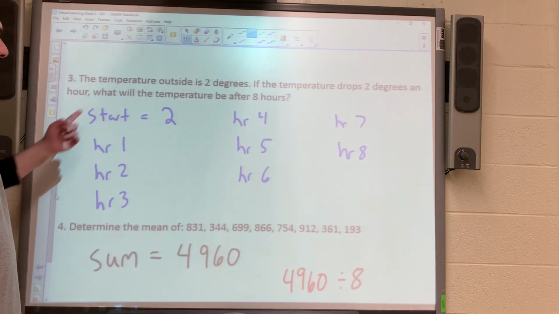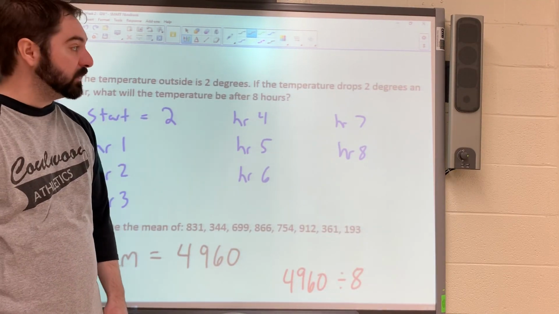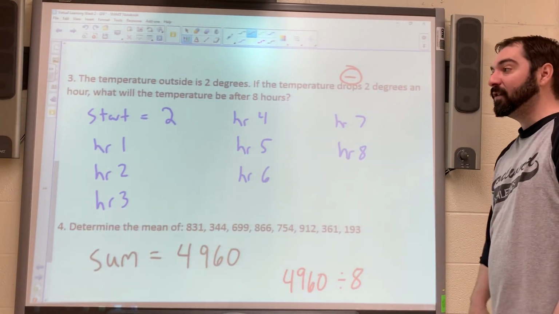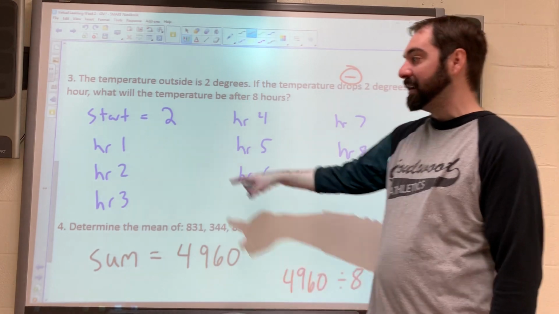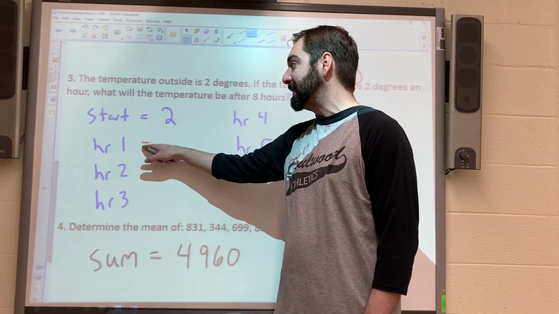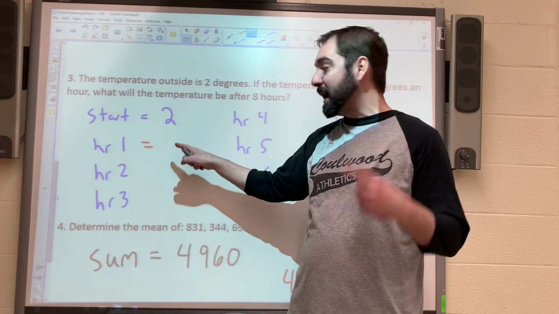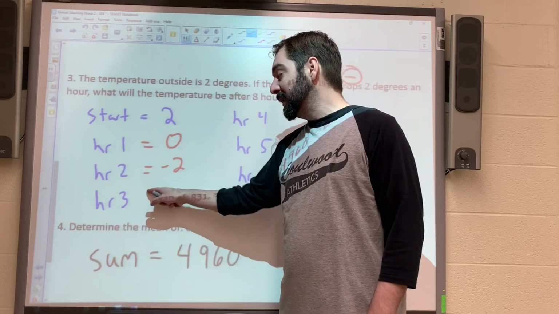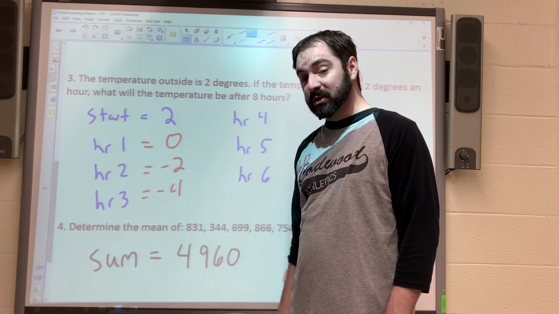Number 3, the temperature outside started at positive 2 degrees. It dropped, went down 2 degrees every hour for 8 hours. Again, it started at 2 degrees. It went down 2 degrees, so in 1 hour, it's 0. In 2 hours, it went down to -2. In 3 hours, it went down another 2, -4.